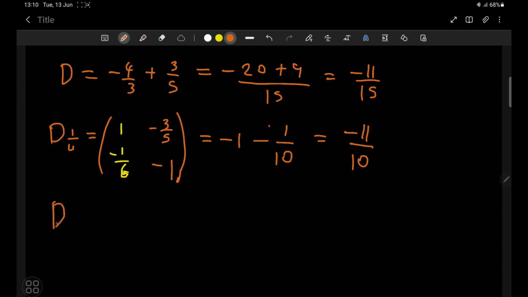Then we solve for D of 1 over v, which is equal to, so this time we'll maintain the first element, so that's 4 over 3, 1, then we'll put the solutions here, that is 1 over 1, then 1 over 6 negative will be there.